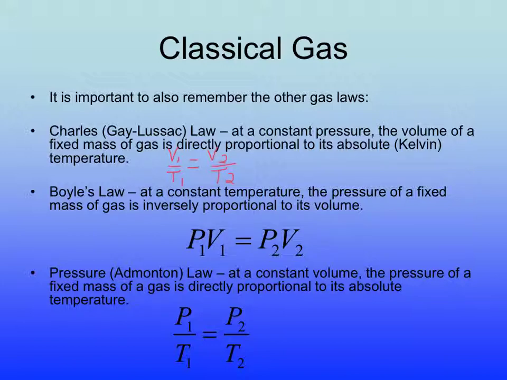This one says that the volume is directly proportional to the absolute temperature. And so at a constant pressure, if you increase the temperature, you increase the volume. And if you decrease the temperature, you decrease the volume.